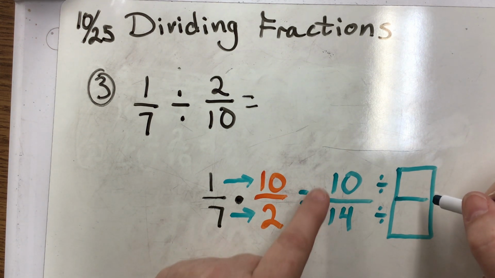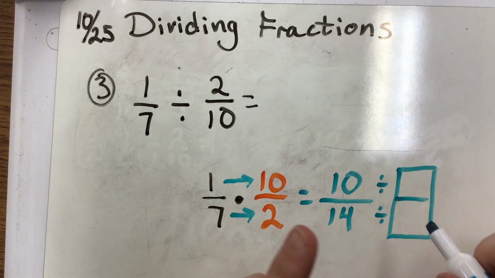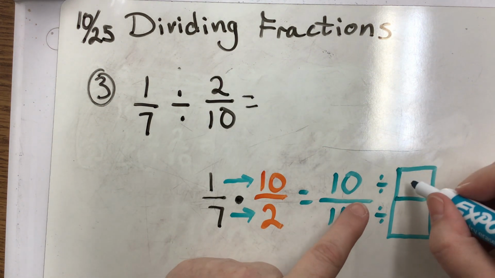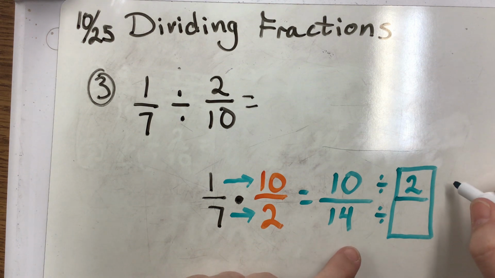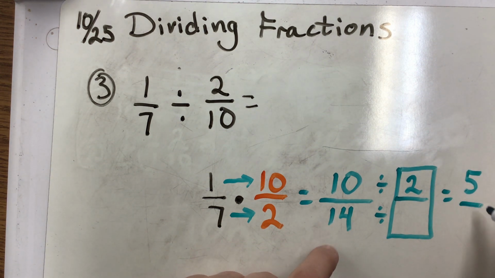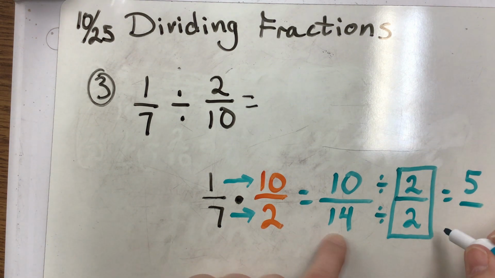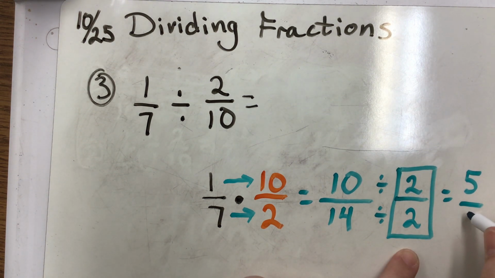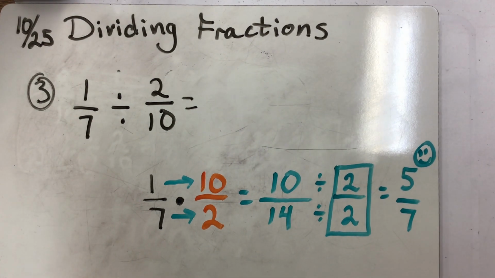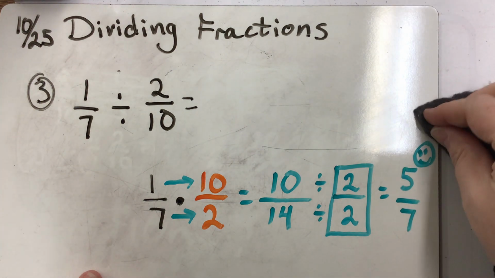Both of these numbers are even, so I know I can divide by 2. Okay, 10 divided by 2 is what? 5. 14 divided by 2 is 7. There we go. Now we have a proper fraction. I'm sure that makes me happy. Oh my gosh, I didn't show you the answer. Sorry. All right, we're going to do one more.